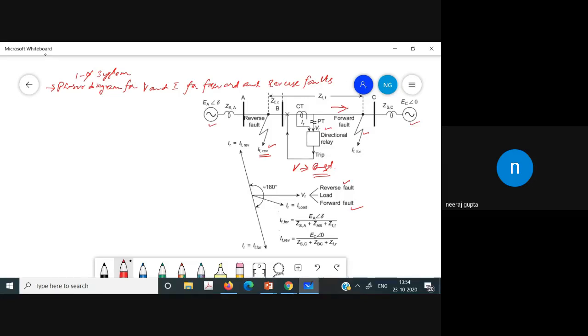And it may be noted that as the fault moves from the front to the back, the current which the relay sees undergoes a 180-degree change of phase. So it will have a 180-degree phase change when the fault moves from forward to reverse.